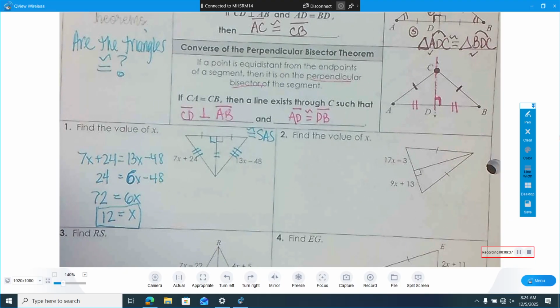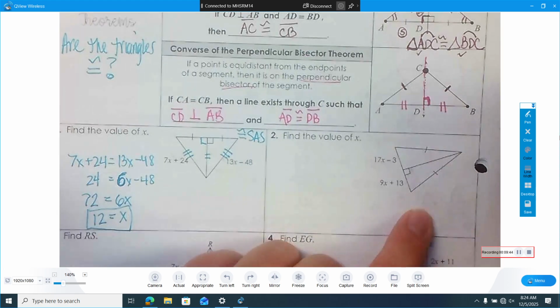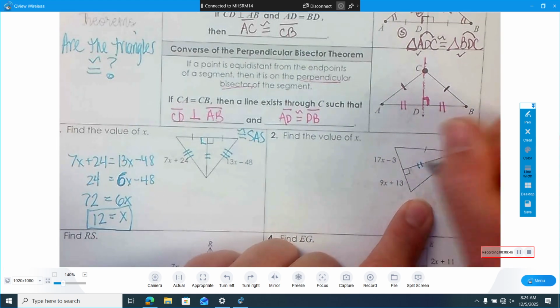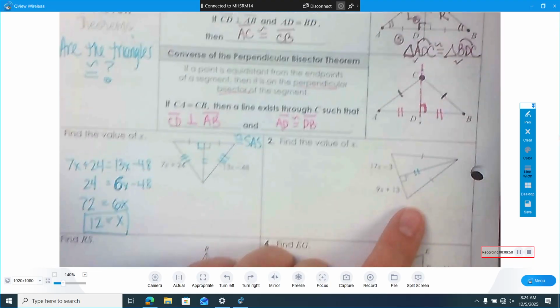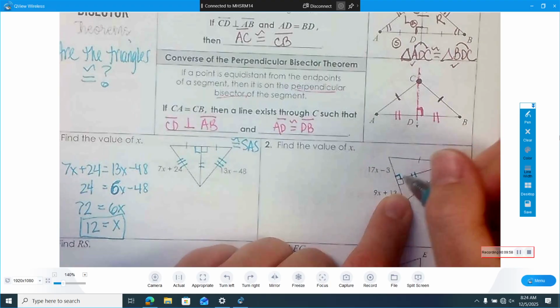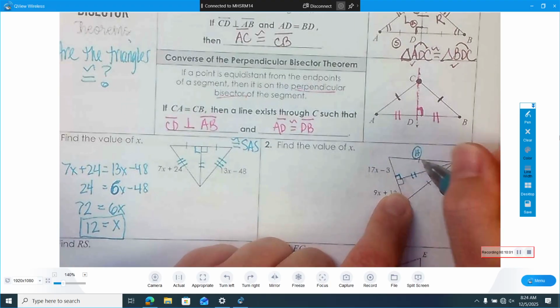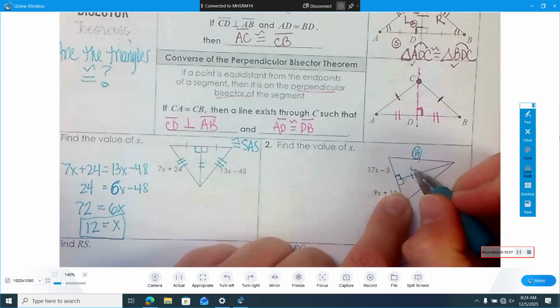All right, let's look at number 2. So are these triangles congruent? We do have a reflexive side. But are these triangles congruent? HL, very good. Yes, we have right angles, and this pair of congruent sides are the hypotenuses, and we have a leg here.